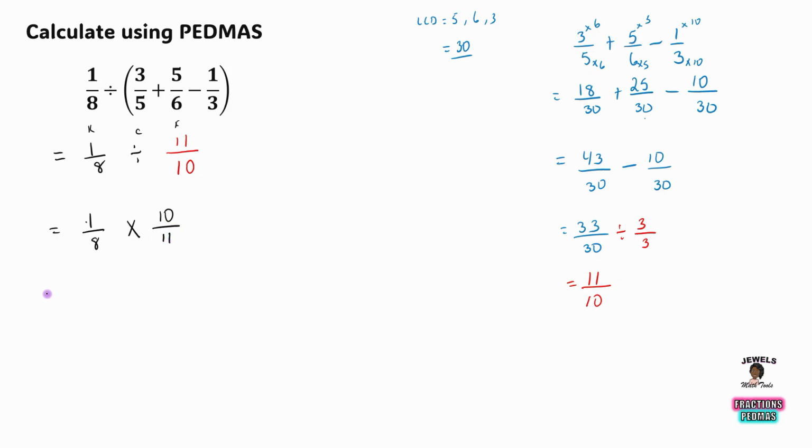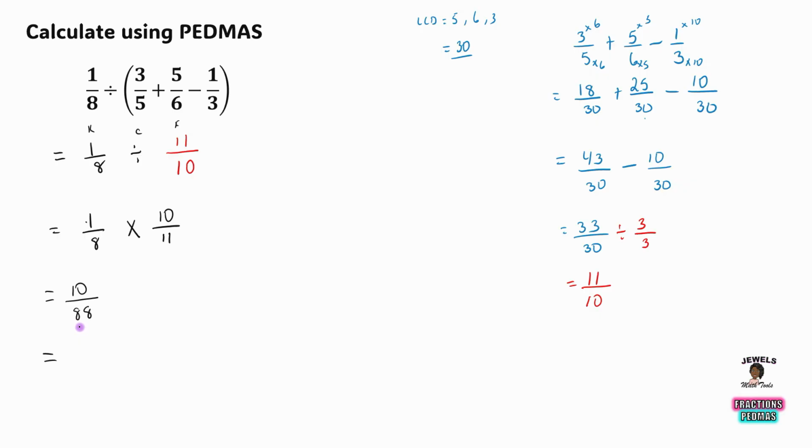Now that I have done that step, you can either decide to simplify a fraction here, or you can just multiply the fractions and then simplify afterwards if need be. So let's multiply. We have 1 times 10, which is equal to 10, and then 8 times 11, which is equal to 88. To simplify this fraction, I need to find a common factor of both 10 and 88.